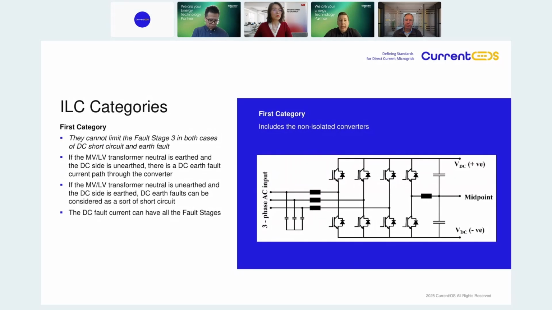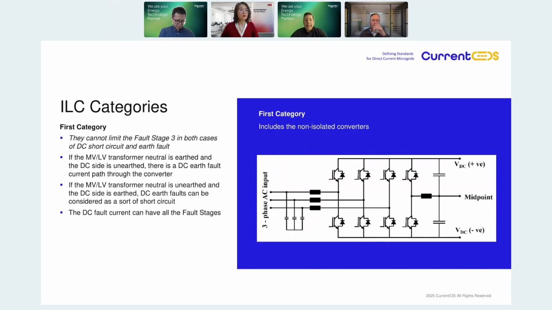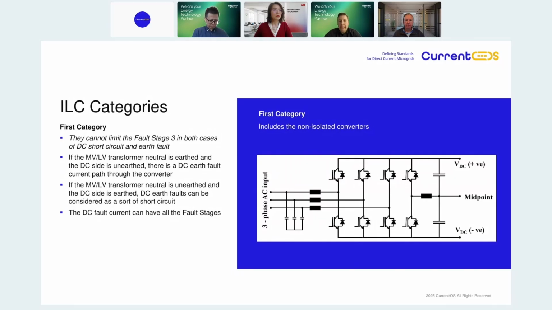So if we have a medium voltage, low voltage transformer neutral which is earthed, and the DC system is unearthed, there is basically a DC fault current passing through the converter. So even if the DC is isolated, we are not in a real IT system, because we have the current circulating from the neutral.